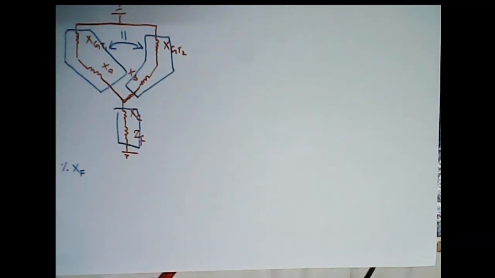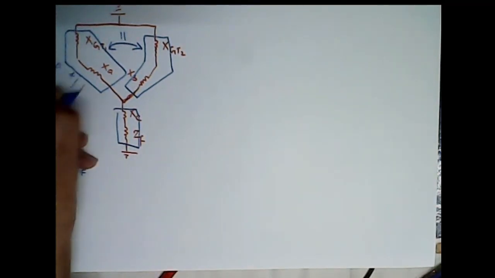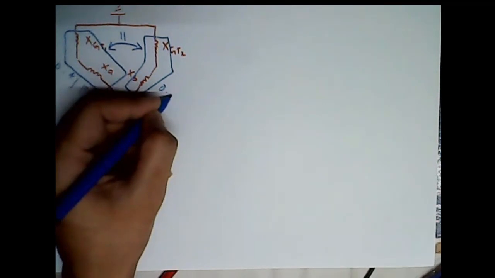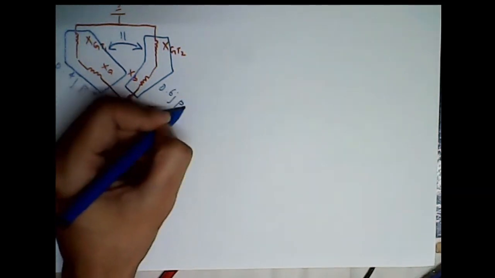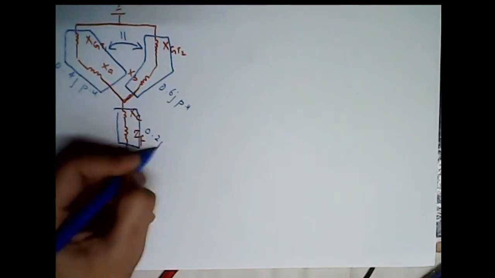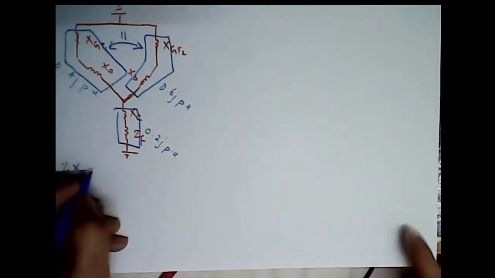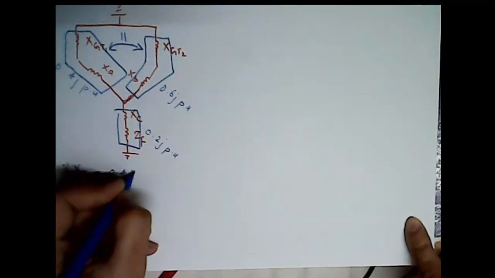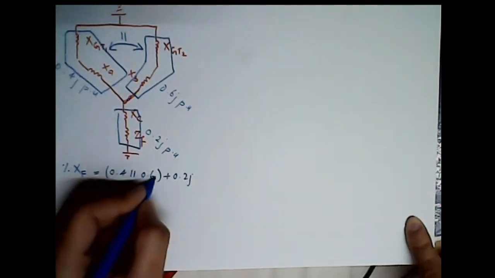So the equivalent reactance in this scenario will be these two are in series, so equivalent will be 0.4 J per unit, 0.6 J per unit, and again these two in series, 0.2 J per unit. So the equivalent will be 0.4 parallel to 0.6 plus 0.2 J, right?